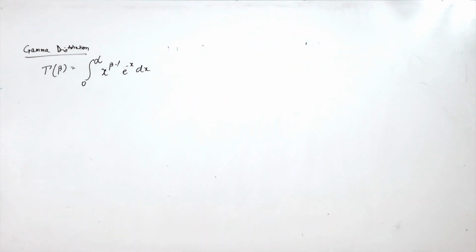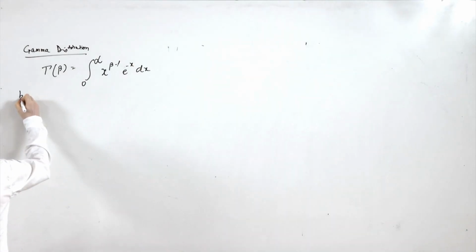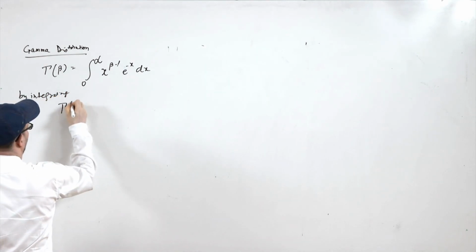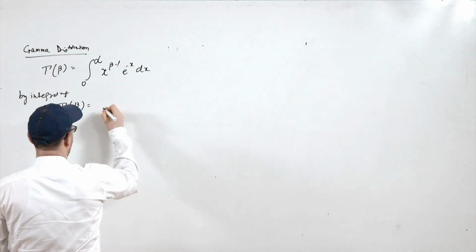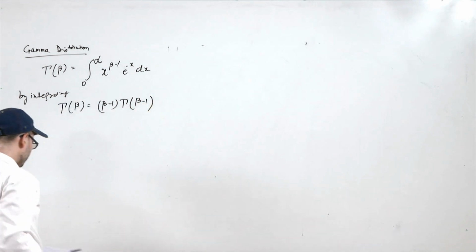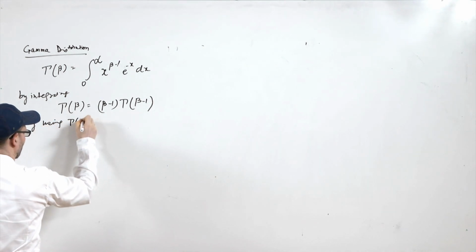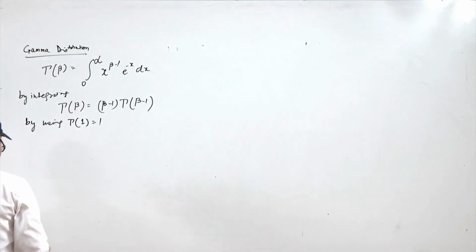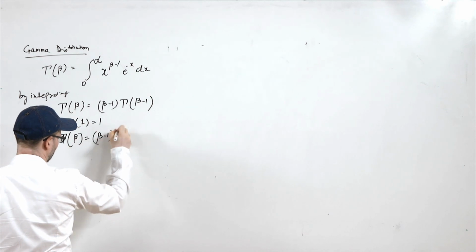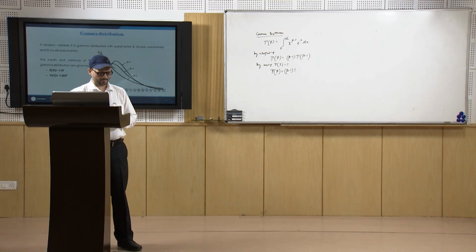This is the function known as the gamma function, and by integrating, we get gamma beta as beta minus 1 times gamma beta minus 1, and further by using gamma 1 as 1, we can write gamma beta as beta minus 1 factorial. So, this is the gamma function, and because of that it is known as a gamma distribution.